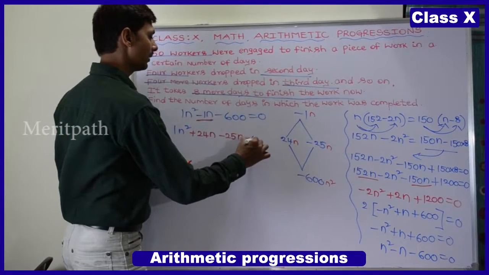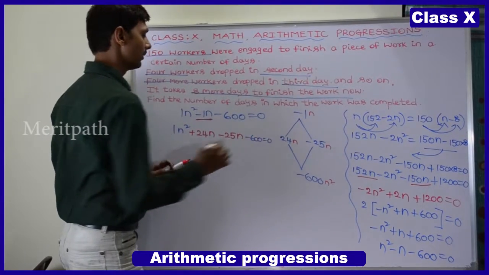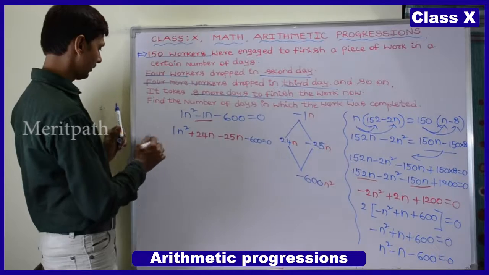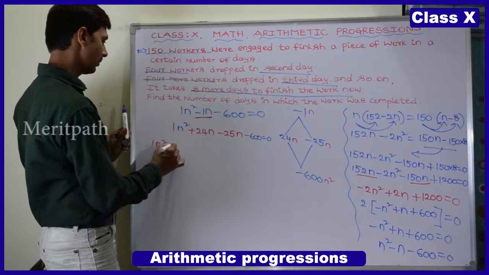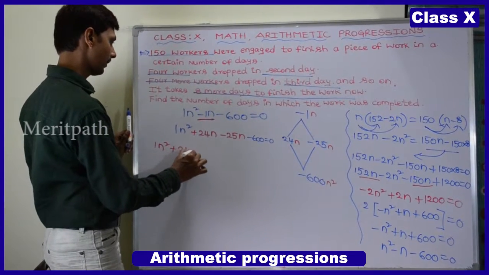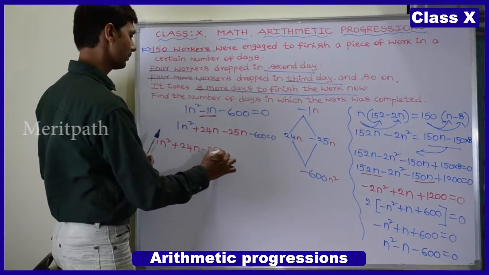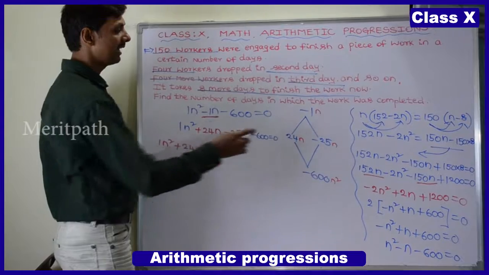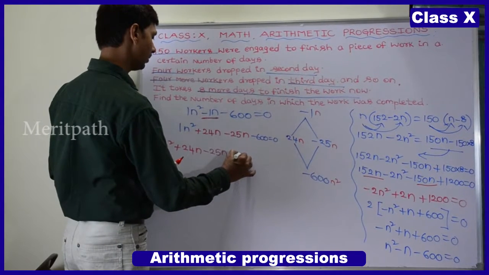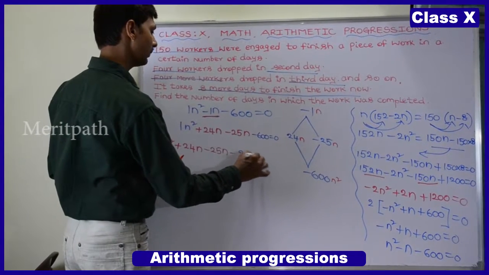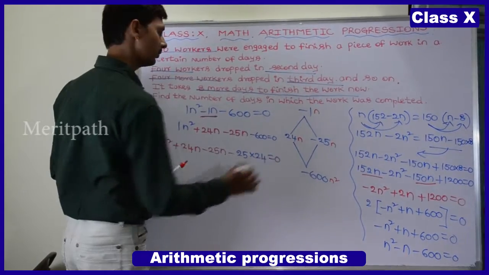Minus 600 equals to 0. So let us write this 1n square plus 24n minus 25n minus 600 can be written as 25 into 24 equals to 0.